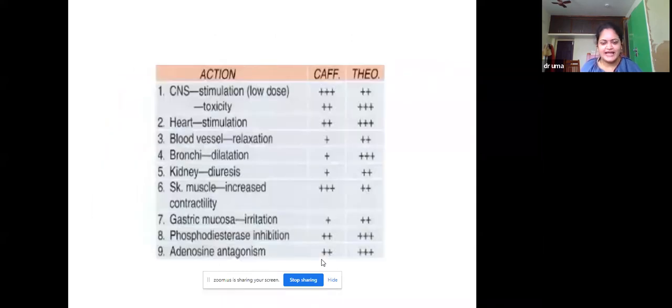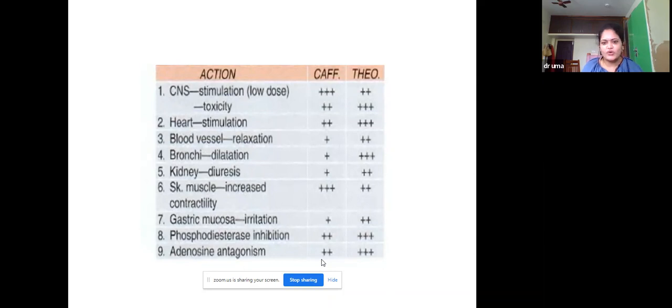And now coming to their actions, that is, what happens when you have a coffee. There will be CNS stimulation, stimulation of the heart, relaxation of blood vessels, bronchodilatation, a diuretic effect in the kidney, and increased contractility of skeletal muscles.